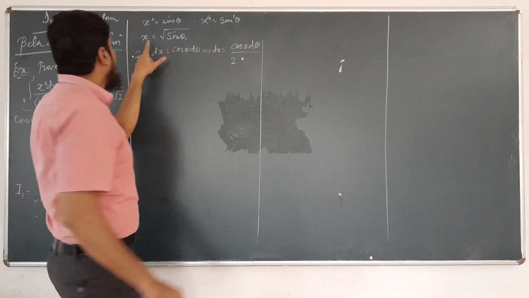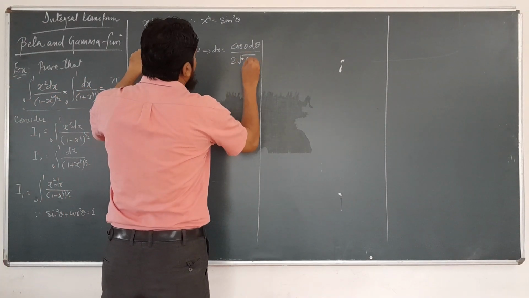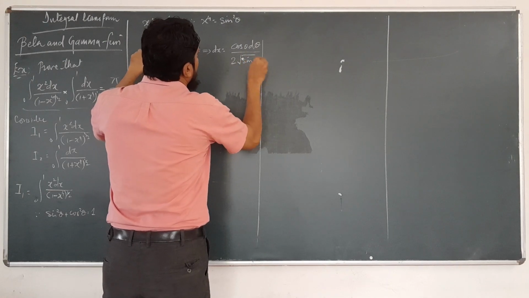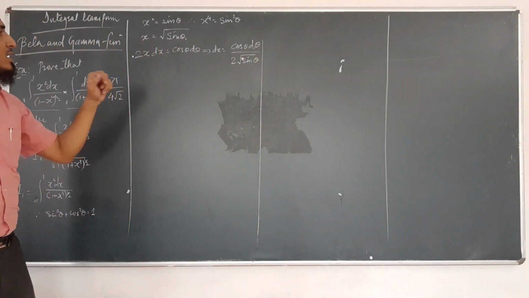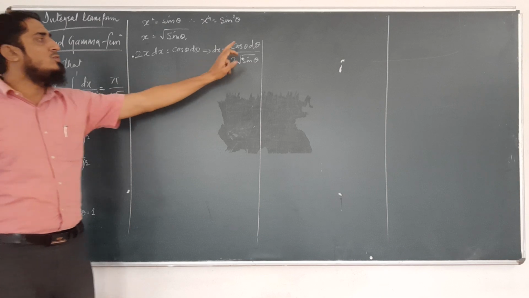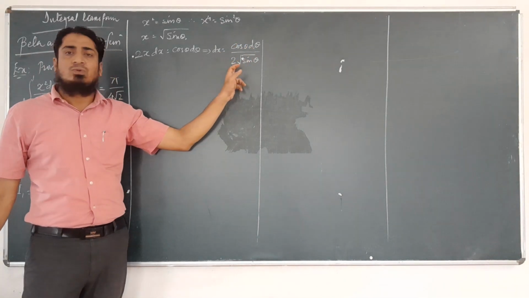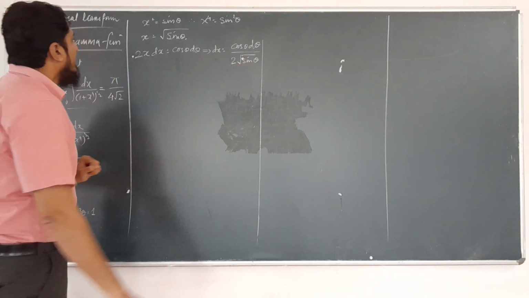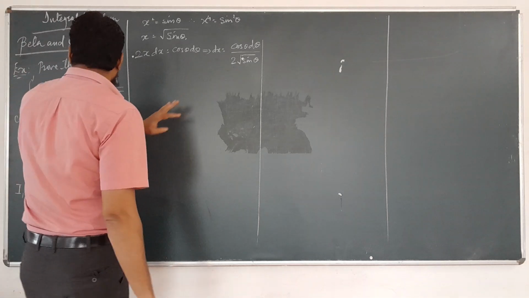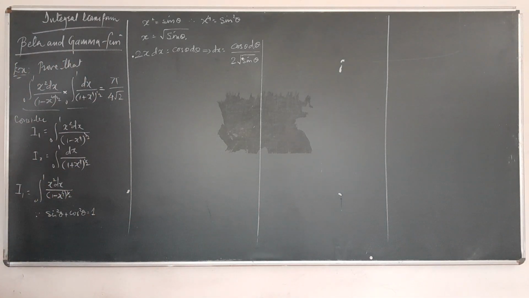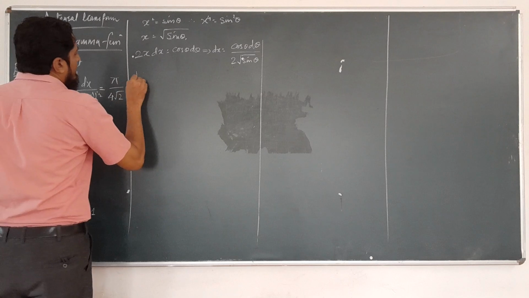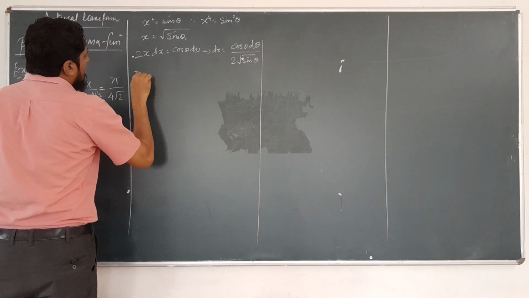So 2 and x becomes root sin theta. So we have dx is equal to cos theta d theta upon 2 root sin theta. Correct? Now we will put these values in integral I1.